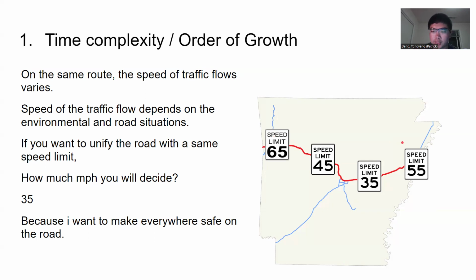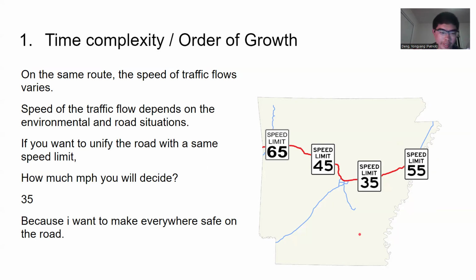If I want to travel from the east side of this state to the west side of this state using this road, and I want to only have one constant speed and I don't want to speed because I may get a ticket from the police, I want to be safe and not get tickets, and I want to run at a constant speed. So what speed do you think is appropriate?